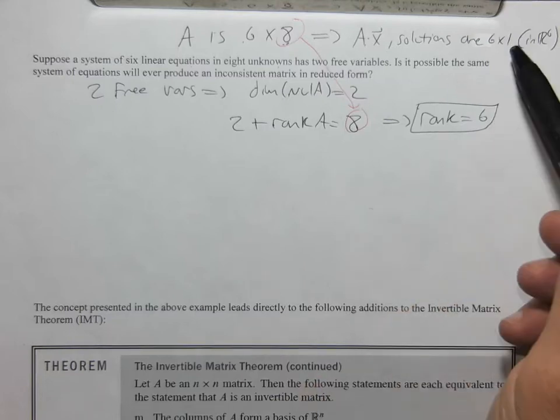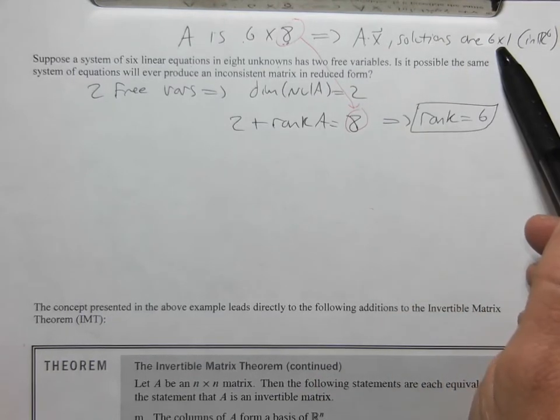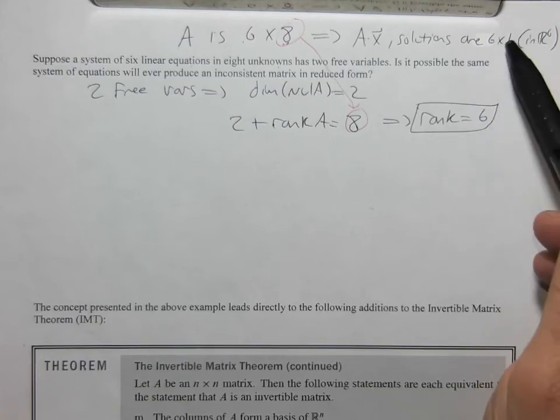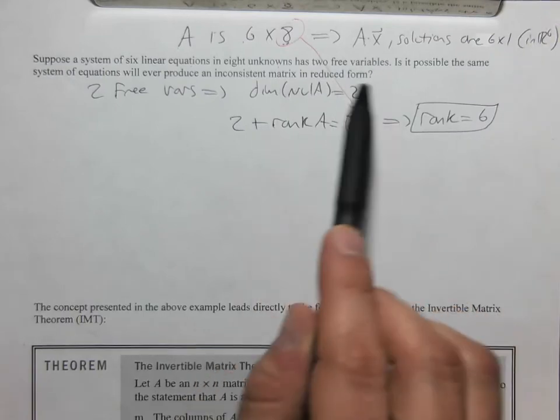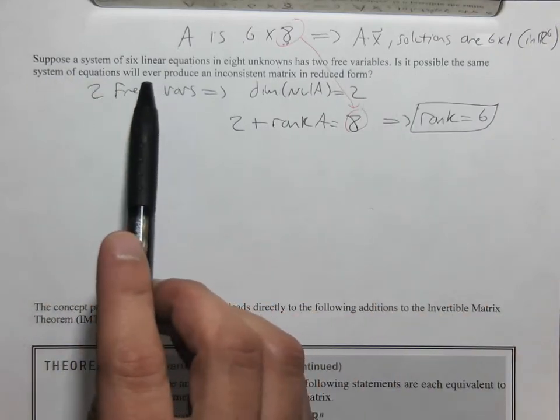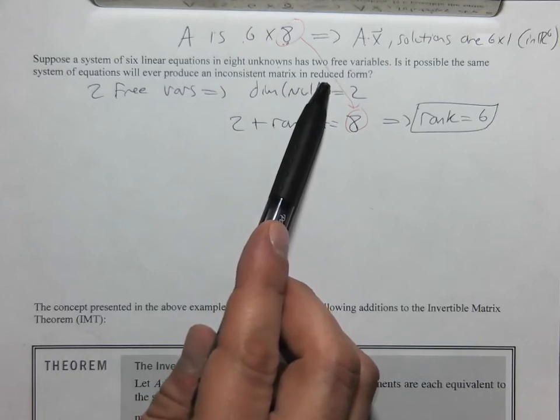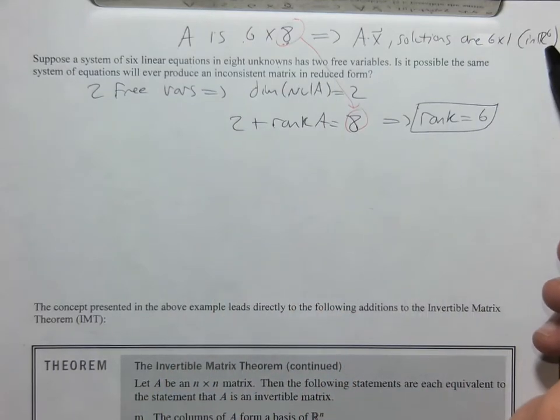Since the solutions of AX are 6 by 1, and there's going to be a pivot in 6 rows, we're going to span a six-dimensional space. So, is it possible for the same system of equations to produce an inconsistent matrix? The answer is no, because the columns span a six-dimensional subset of R6, so it has to be the whole space.